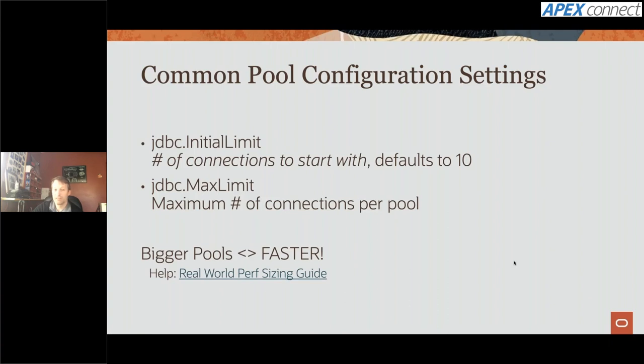So scrutinizing the connection pool configuration is, I think I say it in every talk I do on ORDS, critical. And again, there's no magic numbers here because at the end of the day, ORDS is simply running the code that the customer typed.